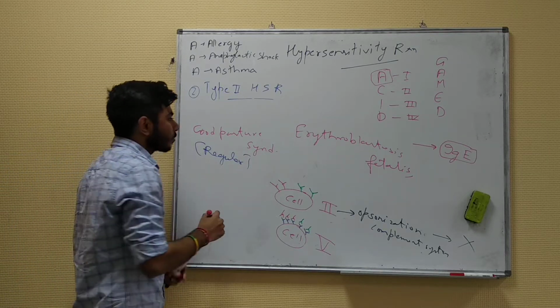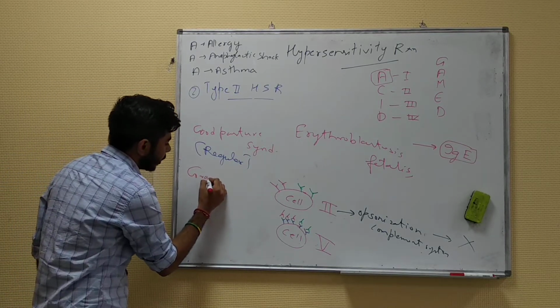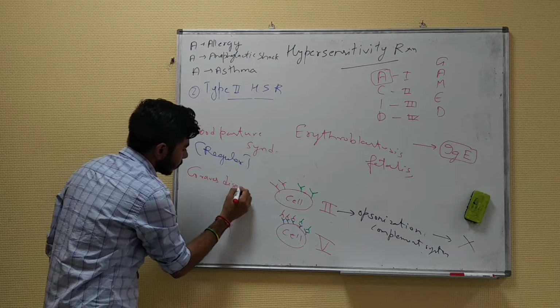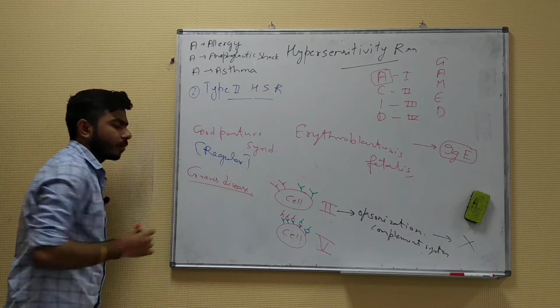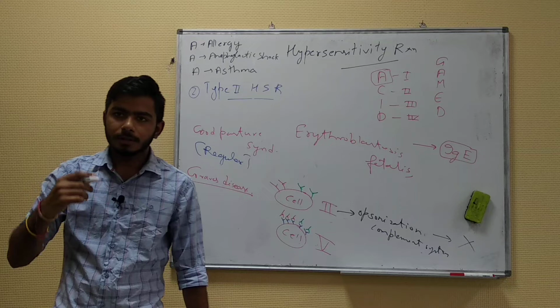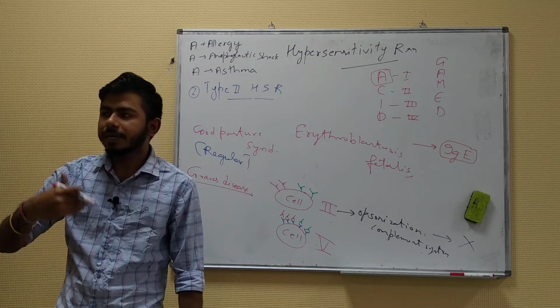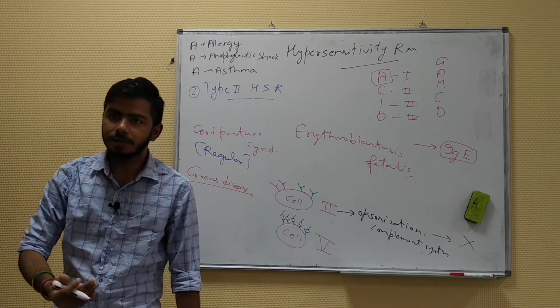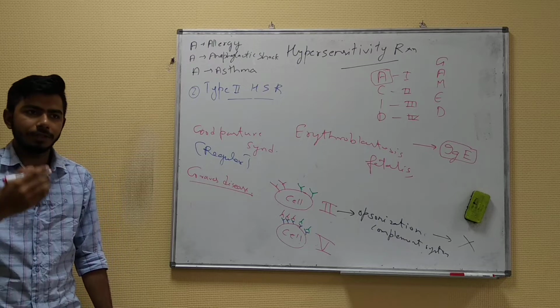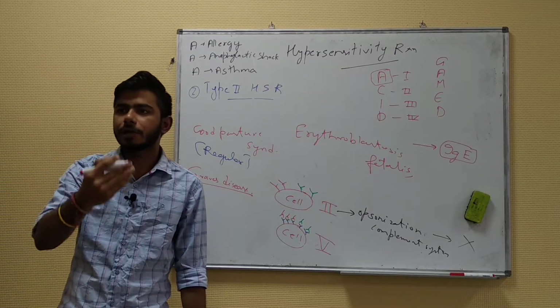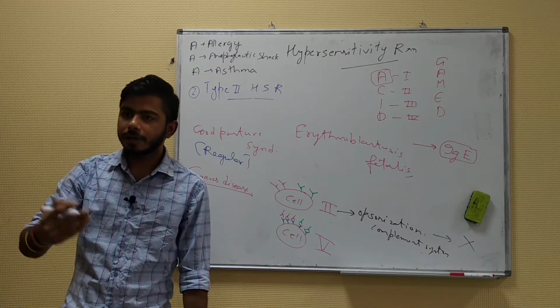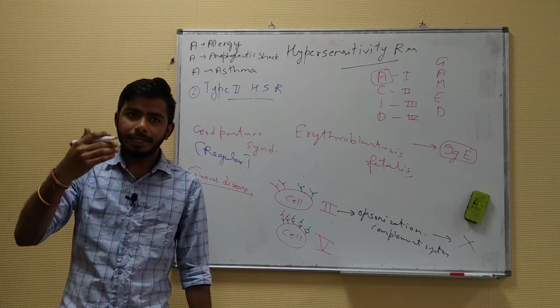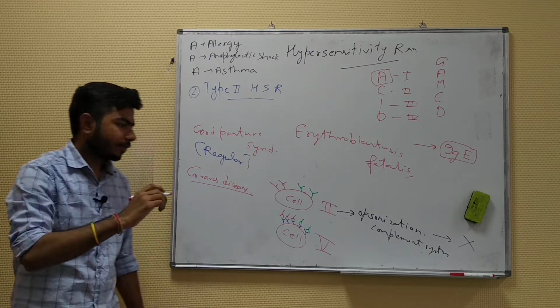What else? Graves' disease. What is Graves' disease? Your thyroid gland will be hyperactivated, in which you have high production of T3 and T4, triiodothyronine and tetraiodothyronine. Due to that, TSH will be lowered.